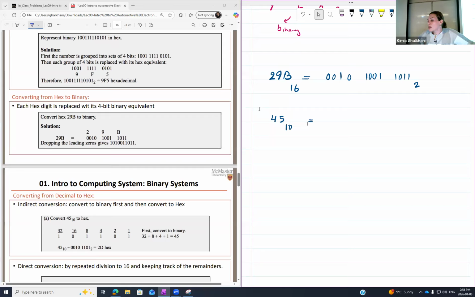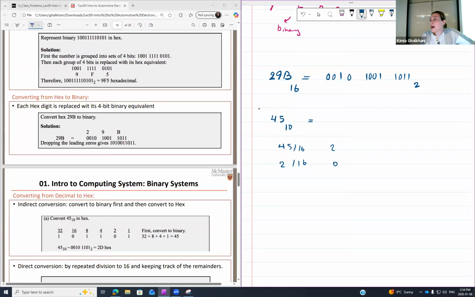So one method is doing the same, dividing 45 by 16. What would be the number? And next time I have 2, right? Then dividing 2 by 16, it becomes 0, so then I have 2.